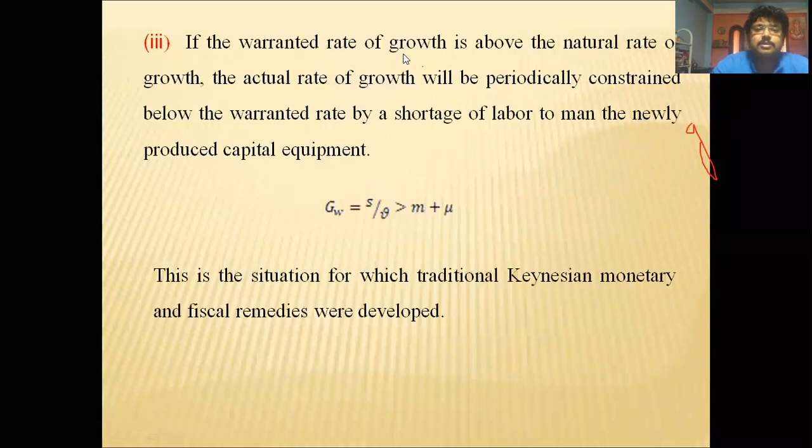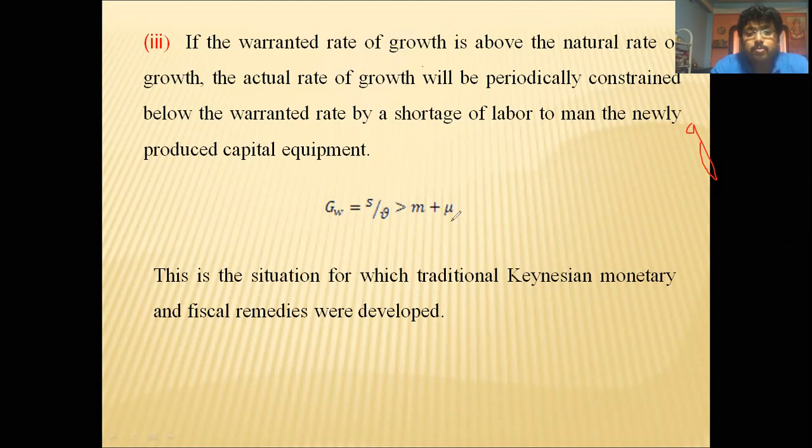In the next slide, here is the third situation. What is the situation when the warranted rate of growth is greater than the natural rate of growth?